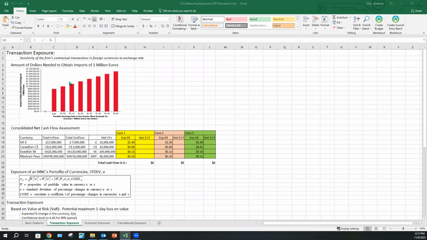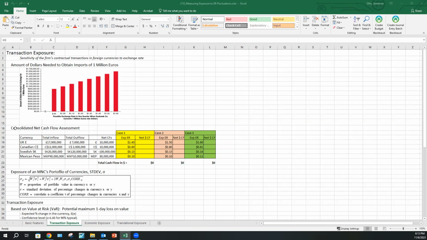So just because of the change in exchange rate, there's a $100,000 additional payment for the U.S. company. You cannot ignore that. That is not insignificant.